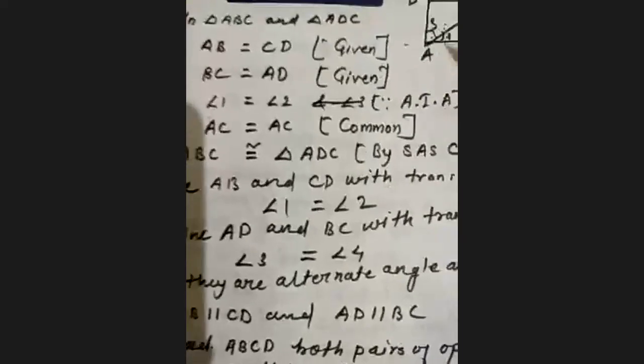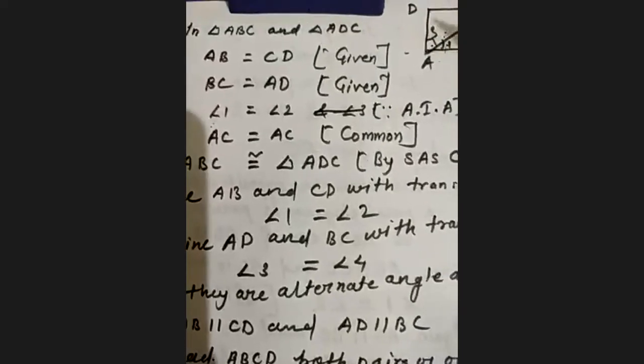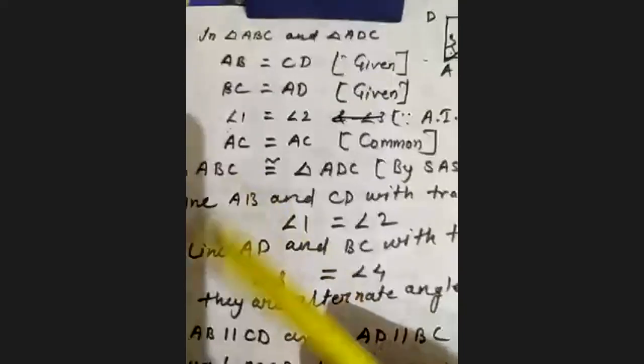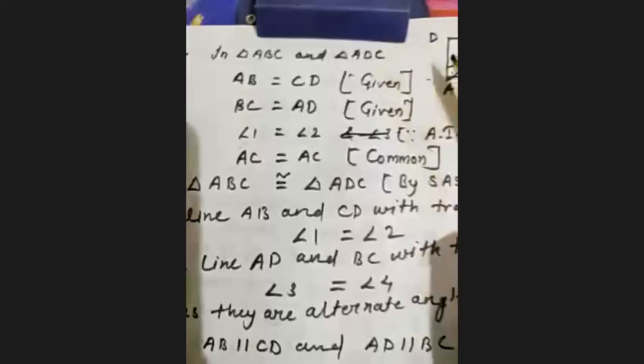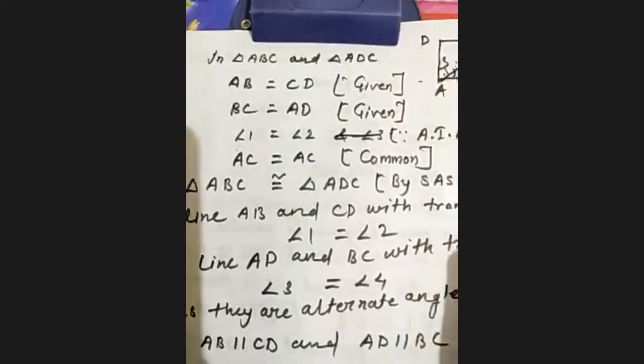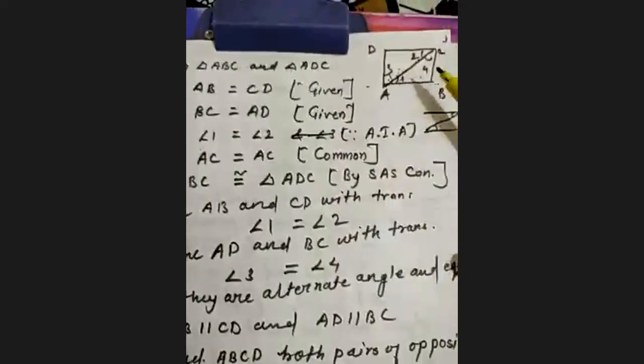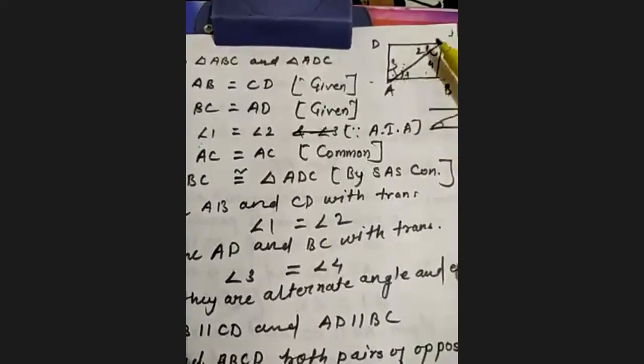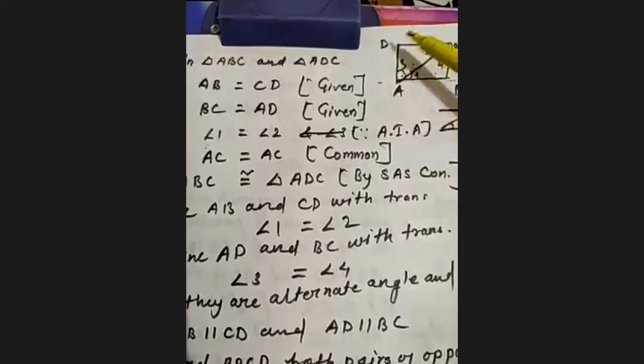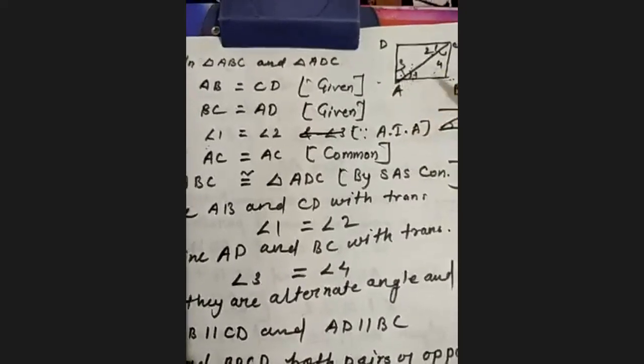If both triangles are equal, that means it represents congruence, and congruence means parallel. So first we take the AB side equal to the CD side, according to the question, because it is given that opposite sides are equal. Another side AD is equal to BC.